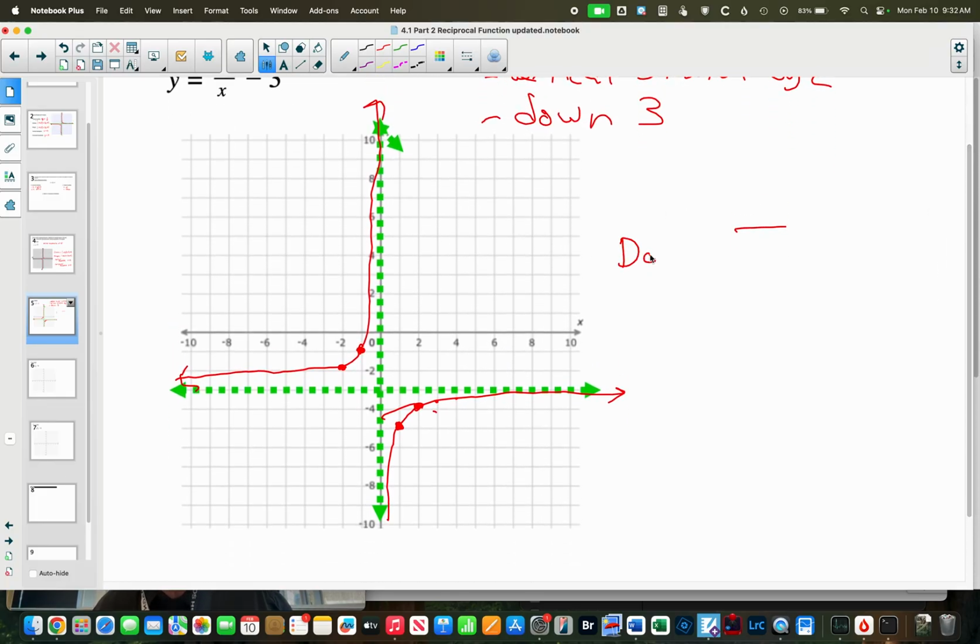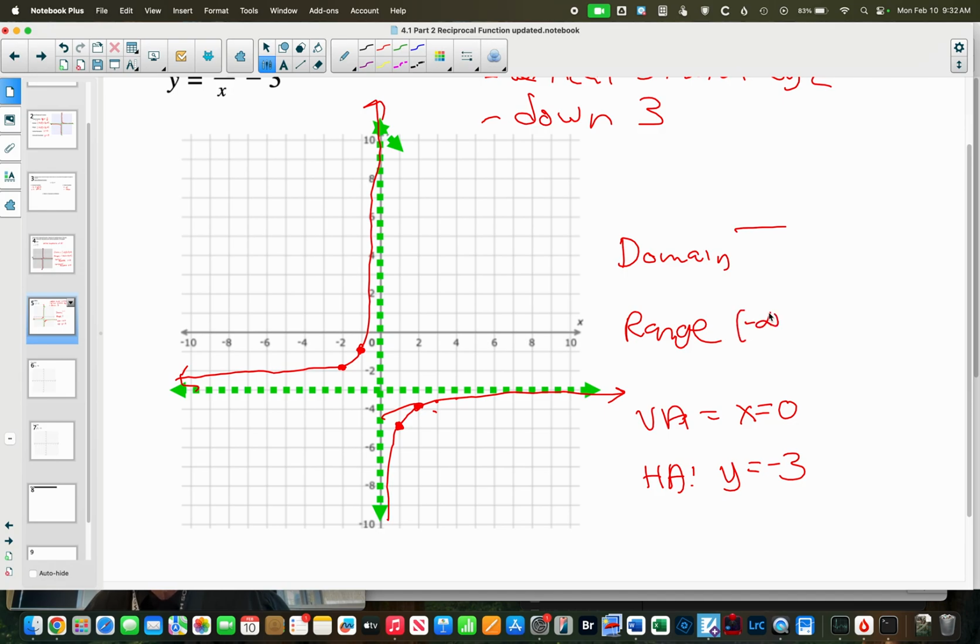Let's give the domain and range, and abbreviate the vertical asymptote and horizontal asymptote. Let's start with the horizontal asymptote. That's this one. That's y equals -3. The vertical asymptote is still going to be x equals 0. The range is going to be all the y values except -3.